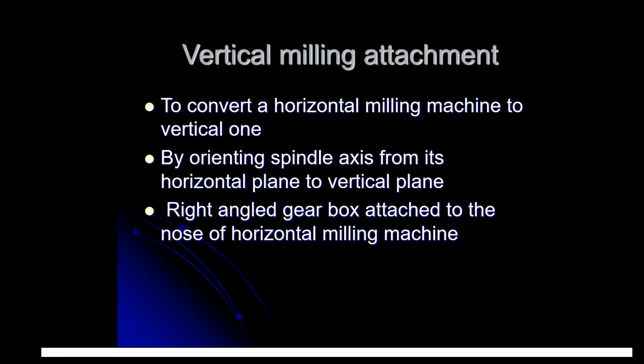Here the spindle axis of the horizontal milling machine is reoriented from its horizontal plane to a vertical plane. Vertical milling attachment is actually a right-angled gearbox which is attached to the nose of the horizontal milling machine.